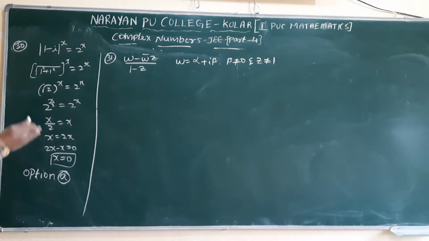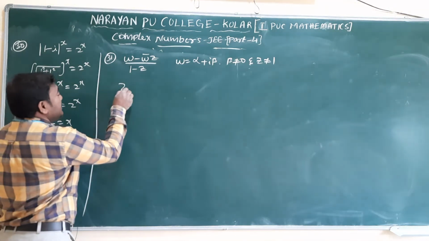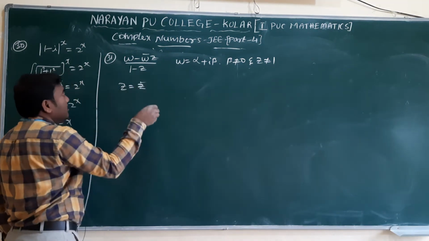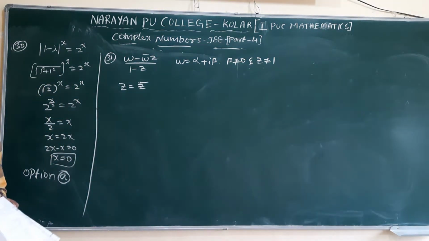Since it is given as purely real, the condition is z is equal to z bar. That is the condition we use to get a purely real value.